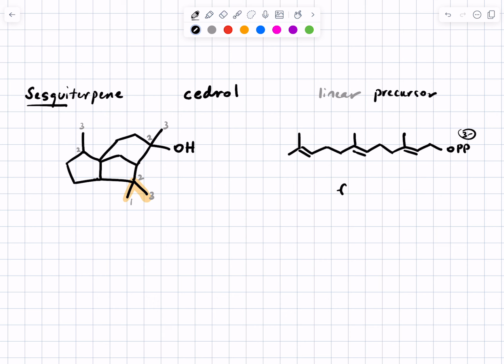This is called farnesyl pyrophosphate, and it is the linear precursor to cedrol. Here are the isoprene units in farnesyl pyrophosphate. There's orange, there's purple, and then I guess we'll choose green. And you see these bonds between carbon 5 of one isoprene unit and carbon 1 of the next isoprene unit together in head to tail fashion.